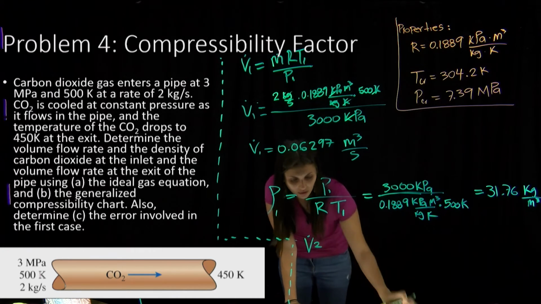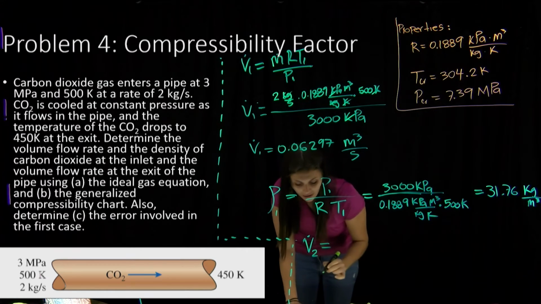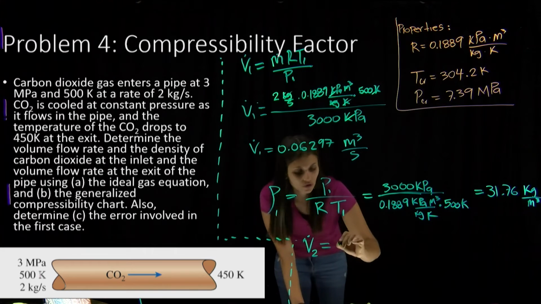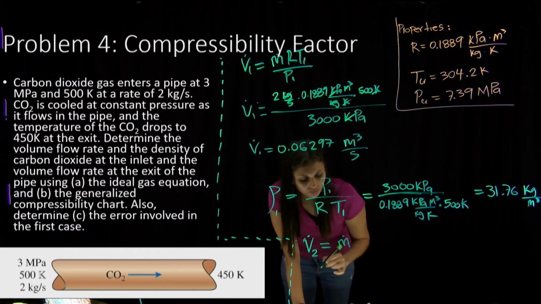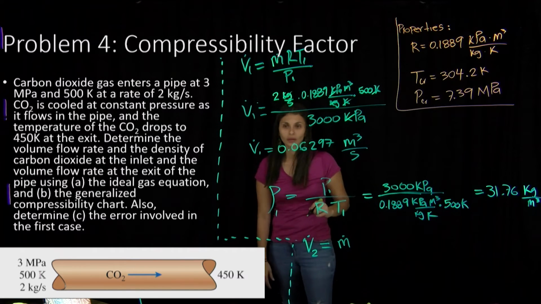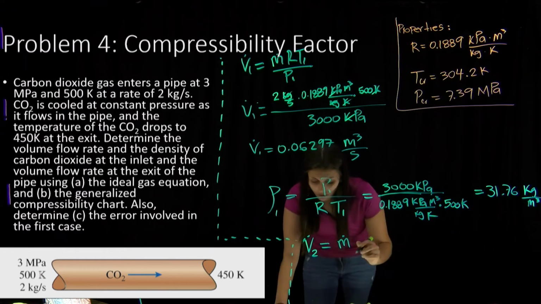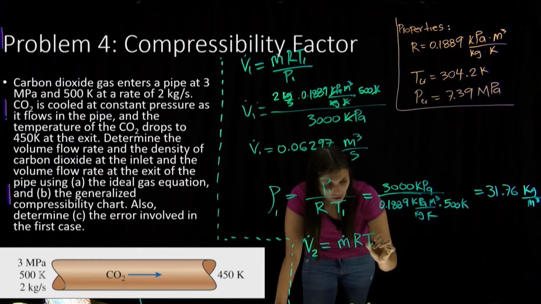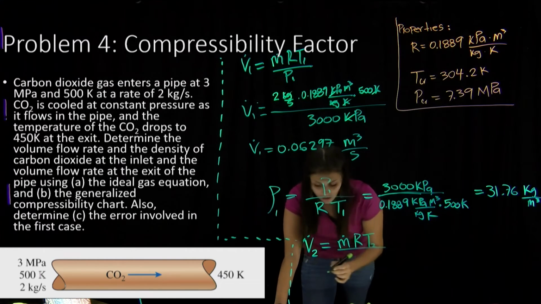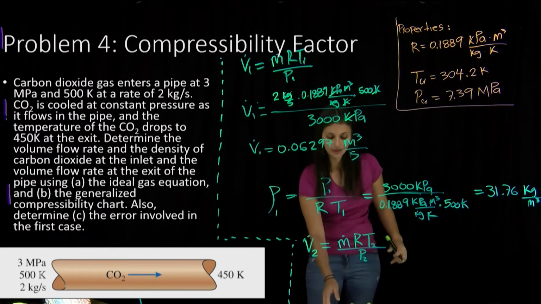We say that the volume flow rate at the outlet should be equal to the mass flow rate of the gas times our ideal gas constant times the temperature at the outlet of the pipe, and divided by the pressure at the outlet.